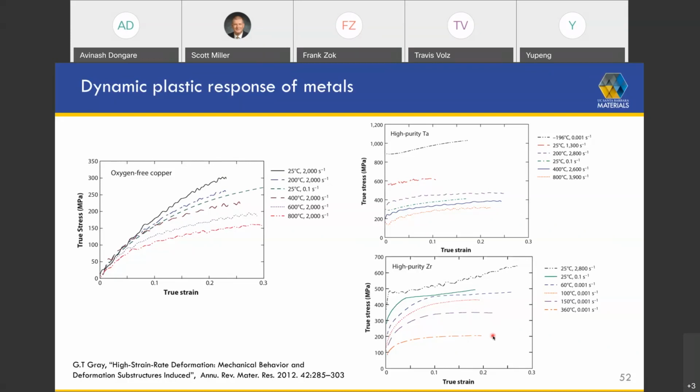Well, if you do experiments at different strain rates and at different temperatures, what you find is that there are now pretty robust material models to describe different mechanisms and their rate and temperature sensitivities.